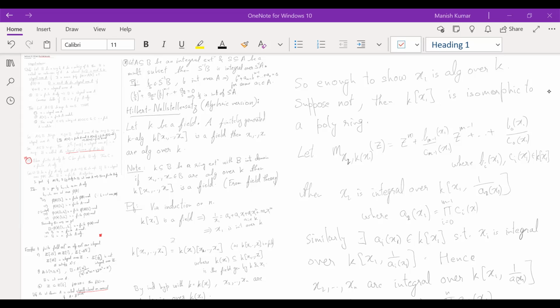But you're integral over that, so you cannot have a zero-dimensional thing integral over a one-dimensional thing, because of going up. Yeah, sure.